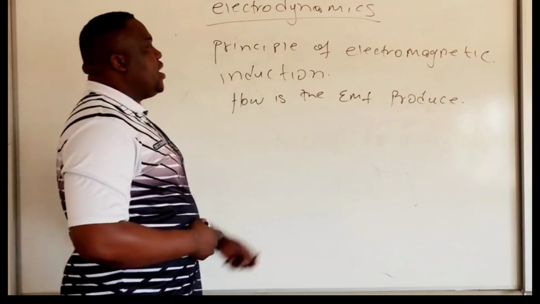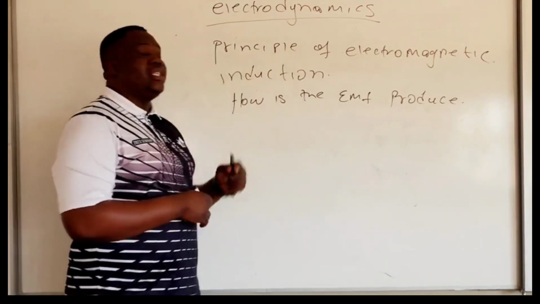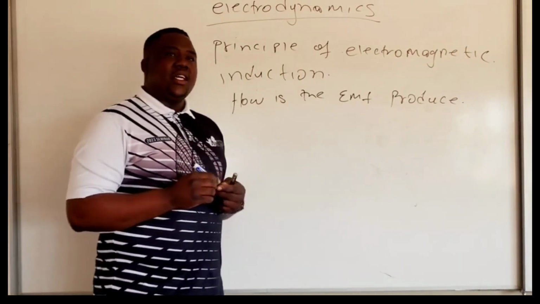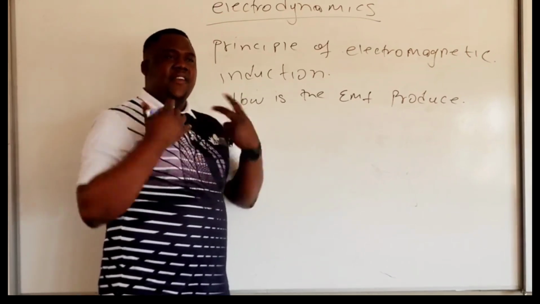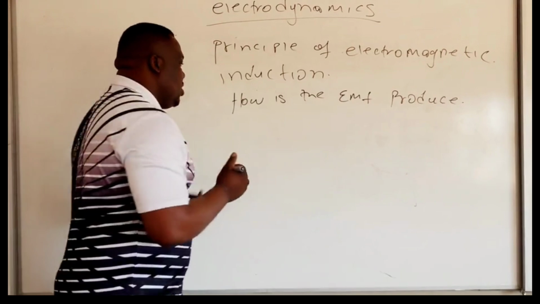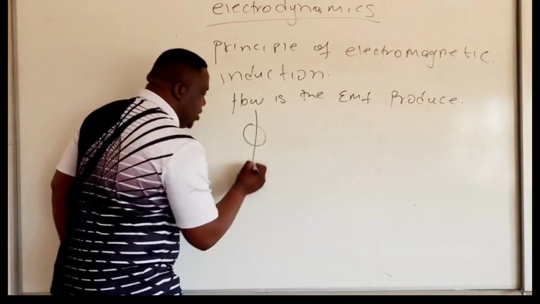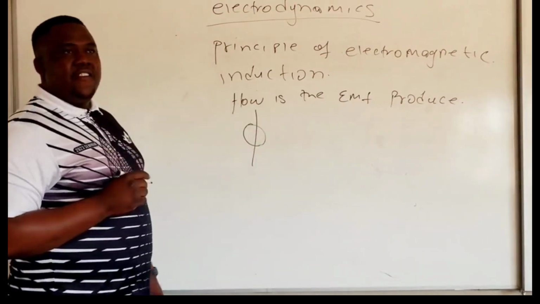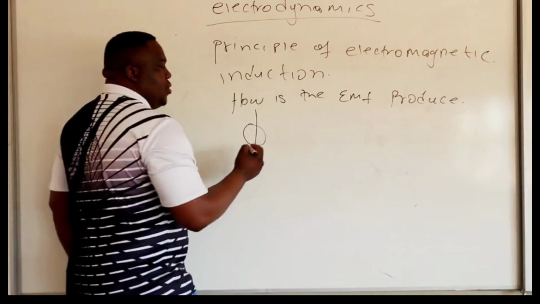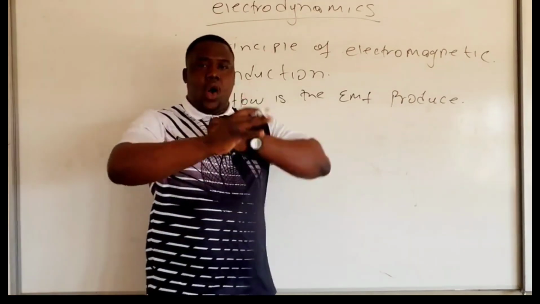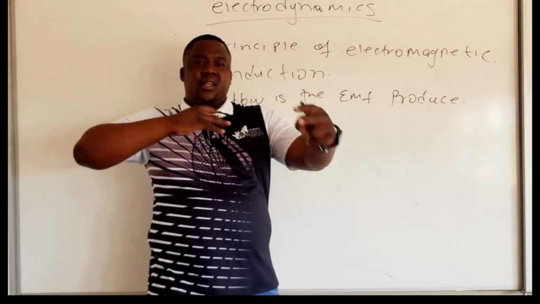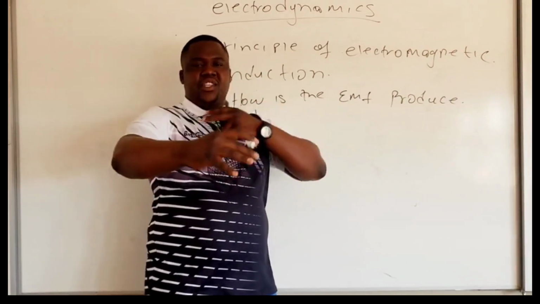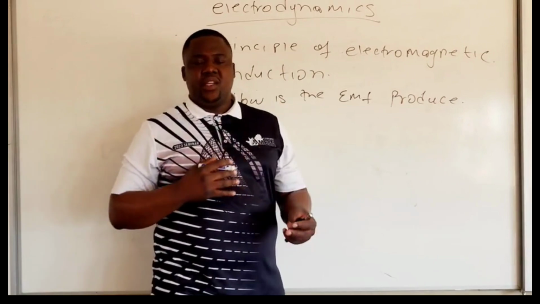They use the principle of electromagnetic induction in the sense that they talk about magnetic flux. You know, in grade 11, we taught you about magnetic flux. So, as the coil is rotating, it means that the magnetic flux is changing position.